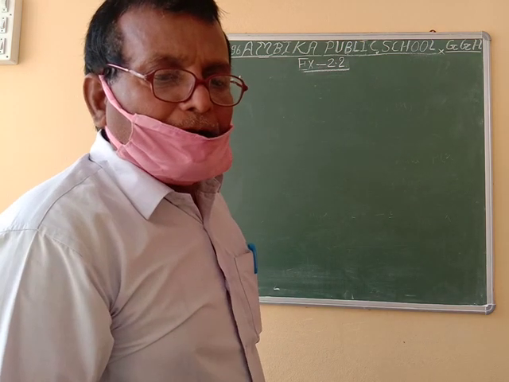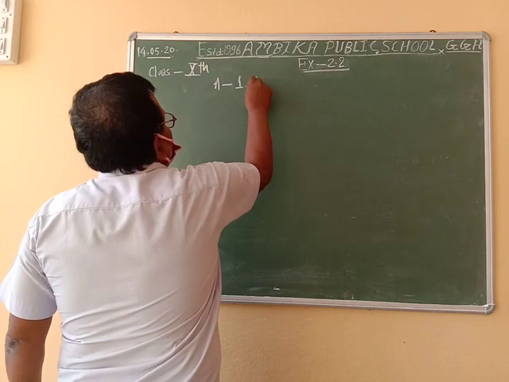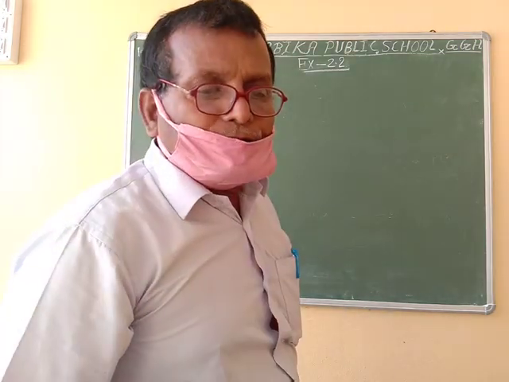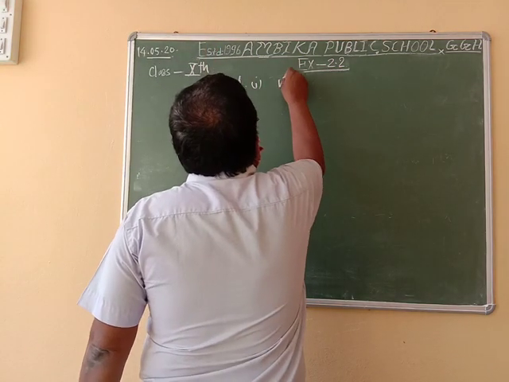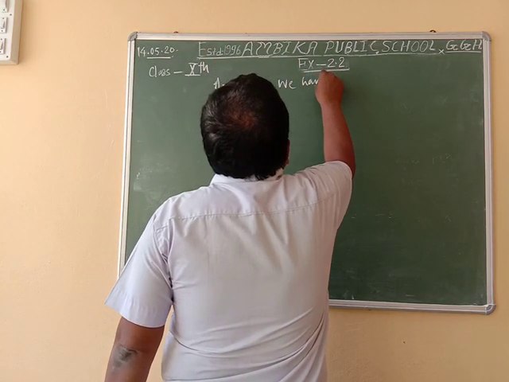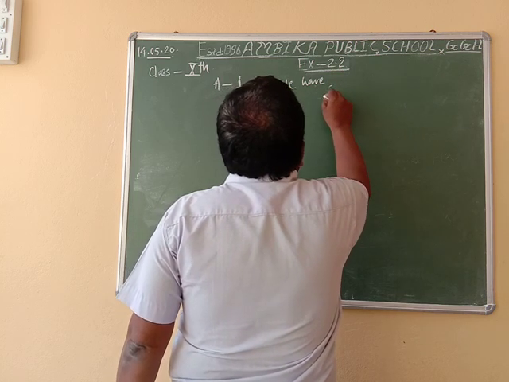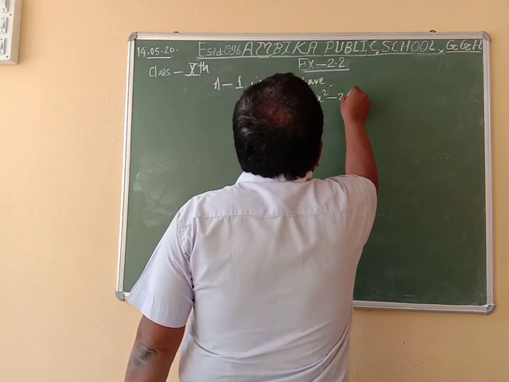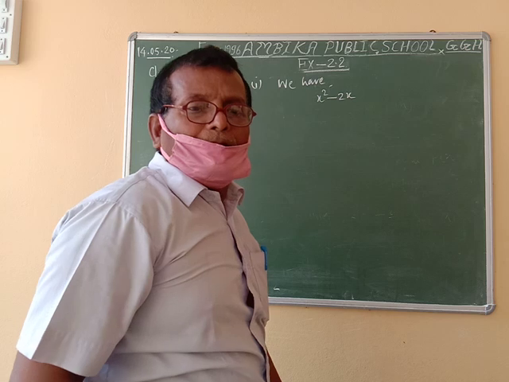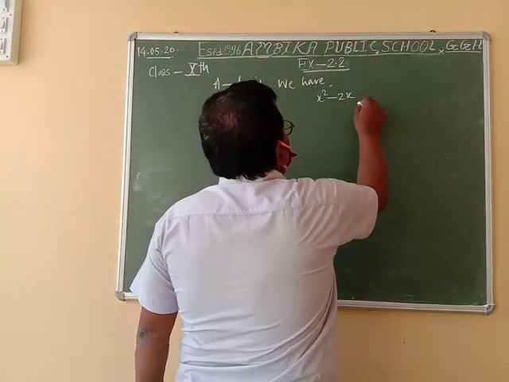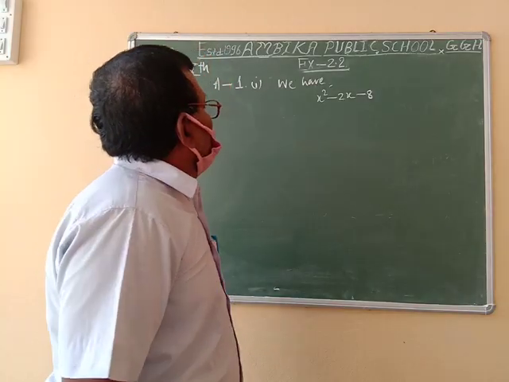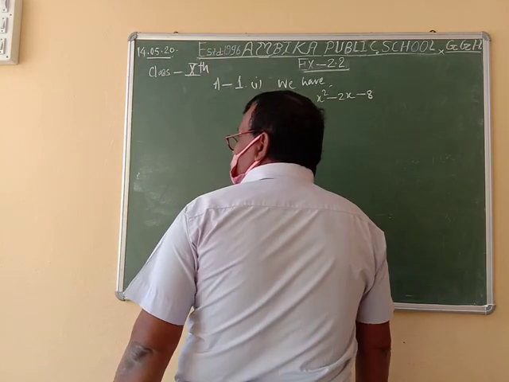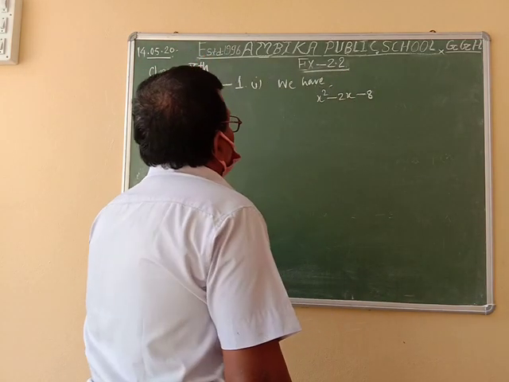Answer 1. First question is x square minus 2x minus 8. We have x square minus 2x minus 8. It is a quadratic polynomial, and from this polynomial we have to find the zero.